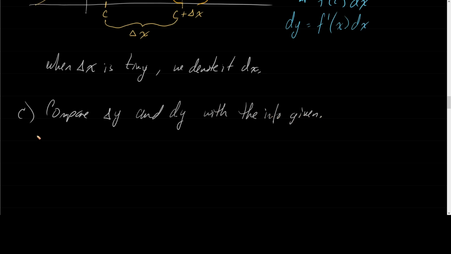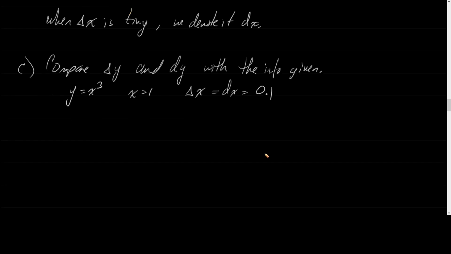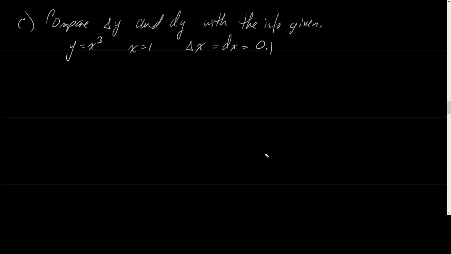Let's say that we have this function y equals x cubed. Let's say that x equals 1, and the change in x that we're going to consider here, which would be equivalent to dx in this case, is 0.1. Now we're trying to figure out the difference between delta y and dy, or we want to compare them.